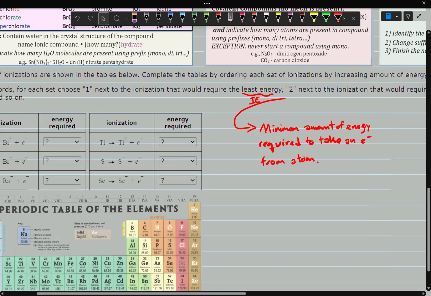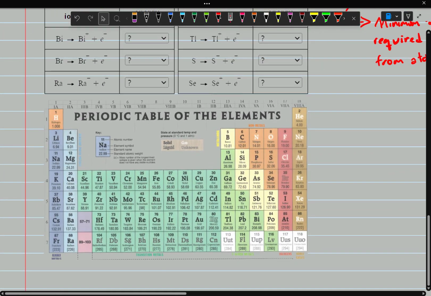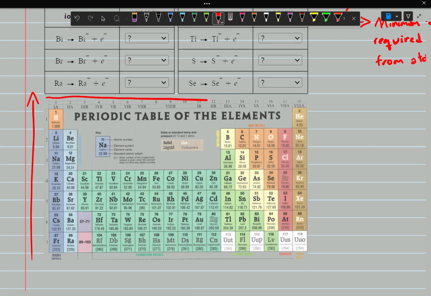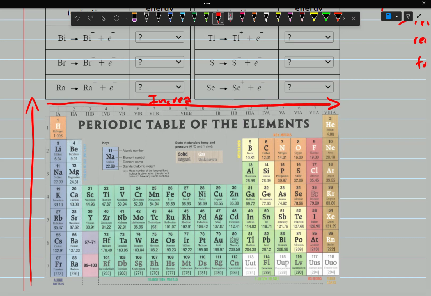So, just like atomic size that we covered in the last video, there is a periodic table trend. Going up the periodic table and to the right, we have an increase in ionization energy.